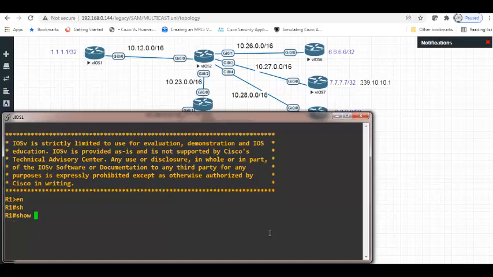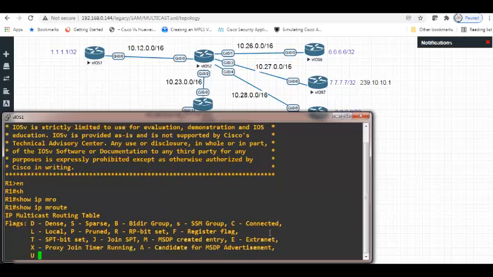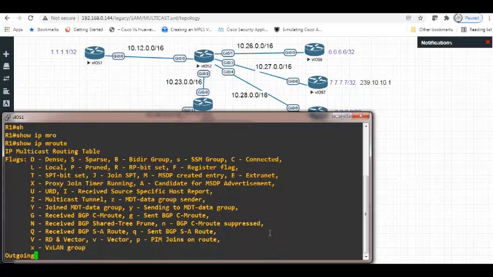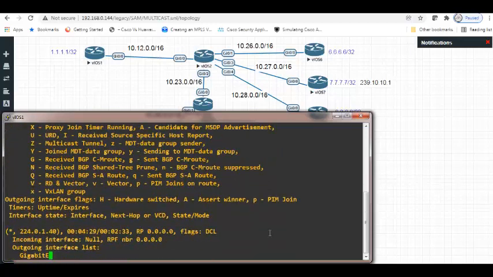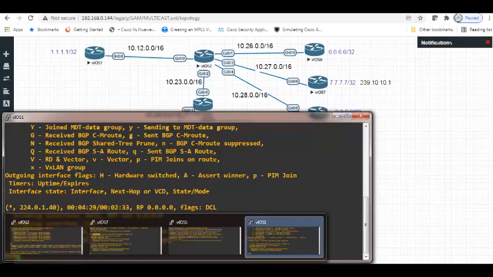Show ip mroute. You see? There is no 239.10.10.1. Router 1 itself doesn't know that it's going to be the source for this group. As of now, router 1 has no idea about the group because we did not use any IGMP command on router 1 to join it. We have not done that, and there is no need for it because it's going to be a source.